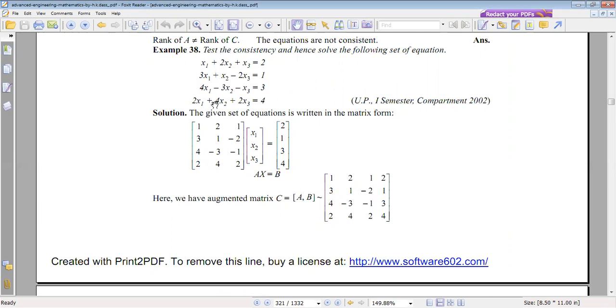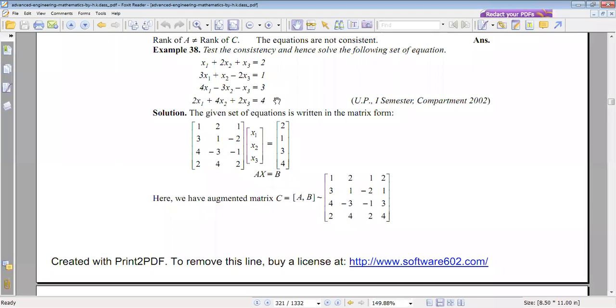Okay, so this is a system of equations. How many equations are there? 4 equations are there. How many unknowns are there? 3 unknowns. These are x1, x2 and x3.